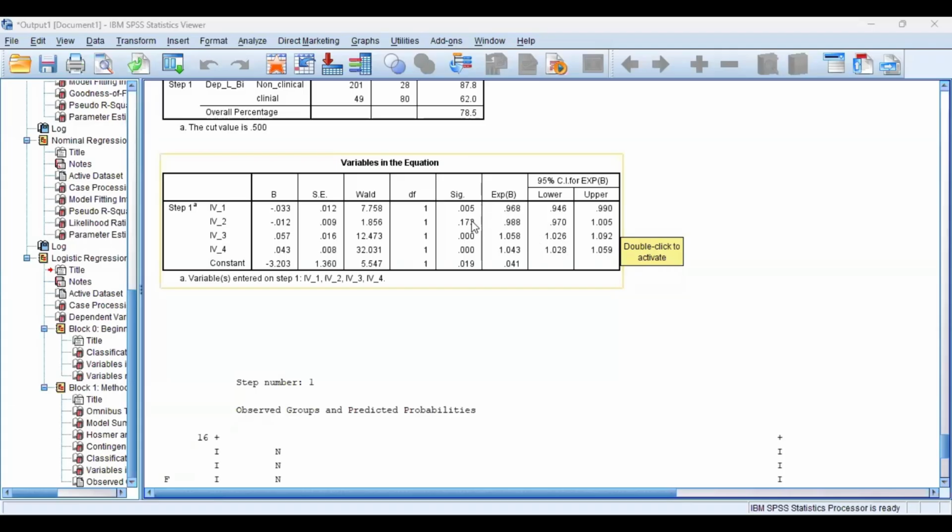However, for this one, the regression coefficient is not significant, and the odds ratio also is not significant because the lower bound is lower than 1, but the upper bound is higher than 1.